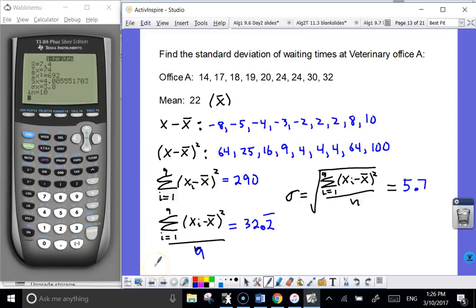So when I take a data set like this and I calculate the mean, and then I do all these differences, I'm doing this calculation here.